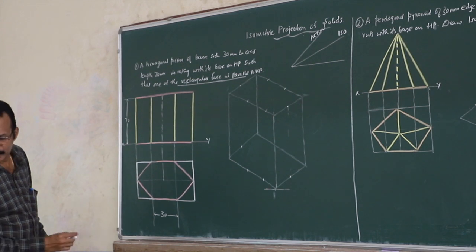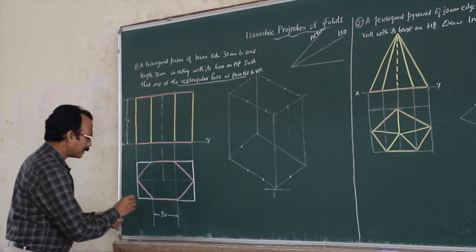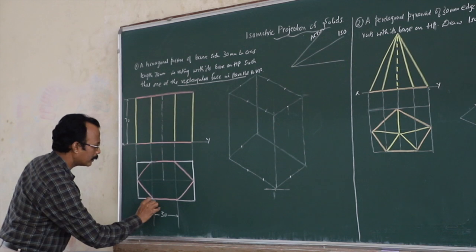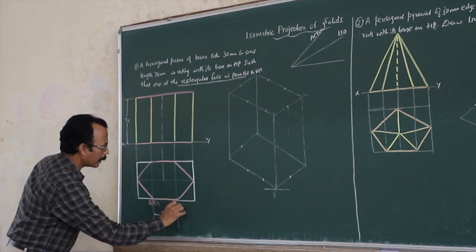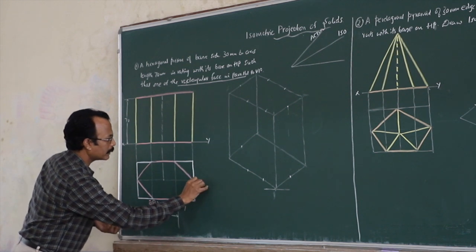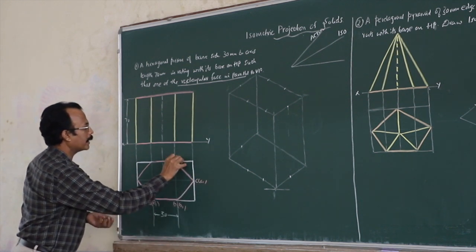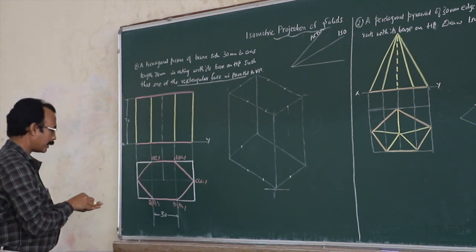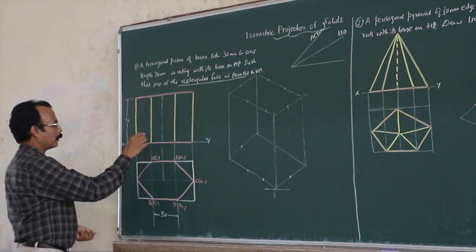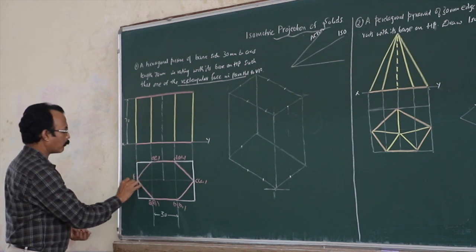You can call this hexagon A and A1, B and B1, C and C1, D and D1, E and E1. Then similarly you mark F and F1 here.